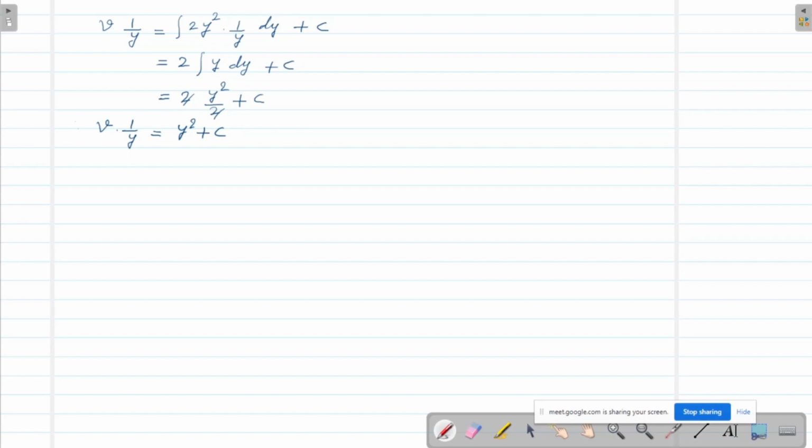Resubstitute all the values. Therefore, by resubstituting, we get: v is what?